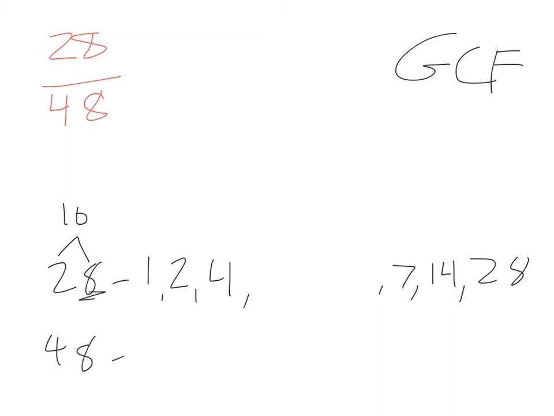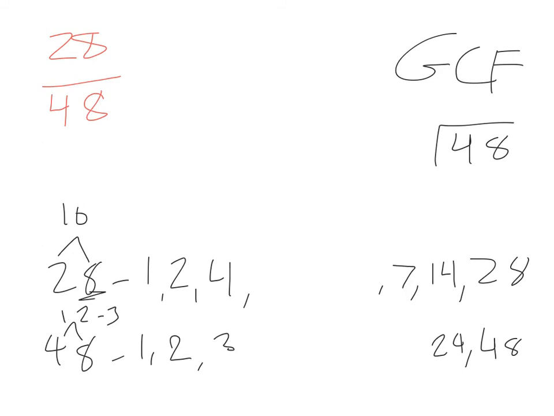Now for 48. 1 and 48. 2 and 24. Let's check 3. Gives me 12 when I add it together, and then when I add 1 plus 2, that gives me 3. So I do know 3 is going to go into it. So I've got a 3. I've got to figure out how many times 3 goes into it. Do a little long division here on the side.